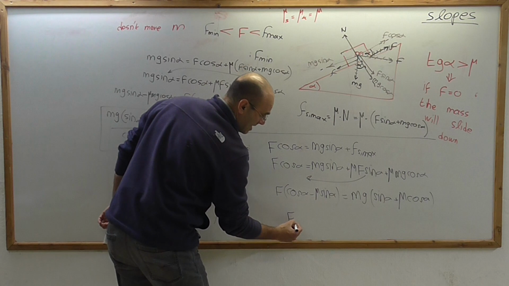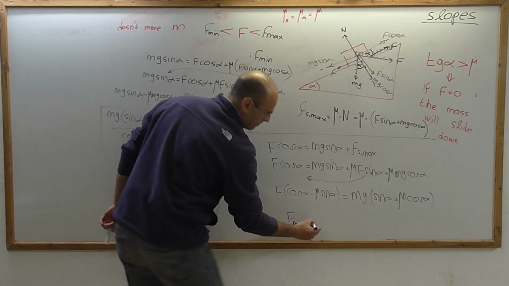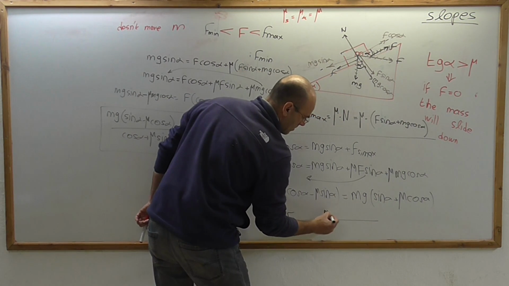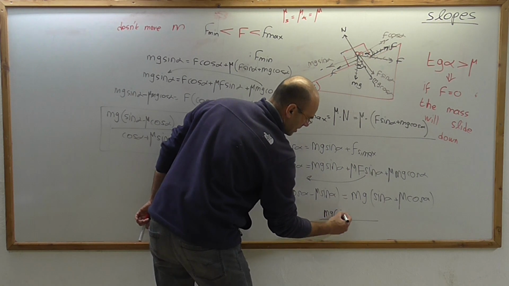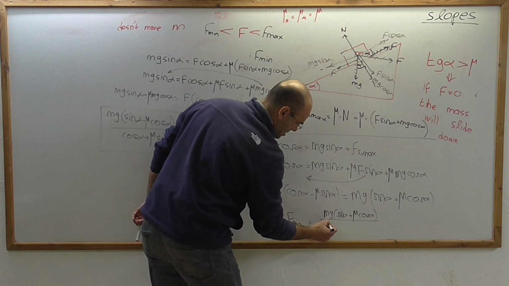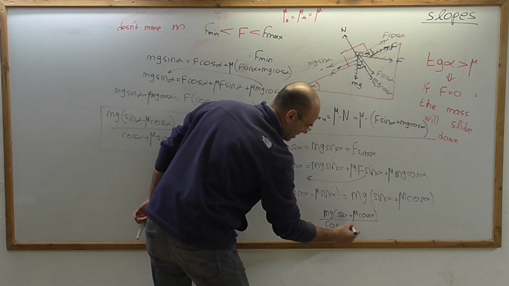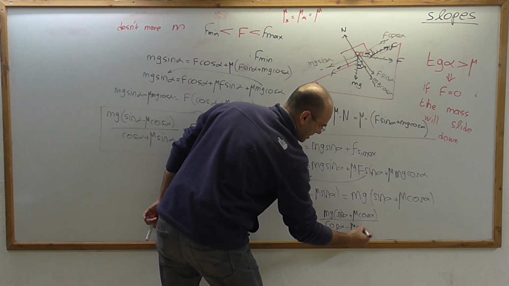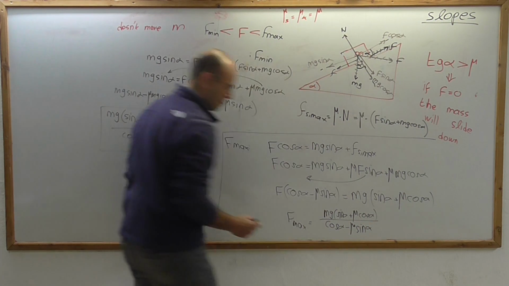So F max will be mg sine alpha plus mu cosine alpha over cosine alpha minus mu sine alpha.